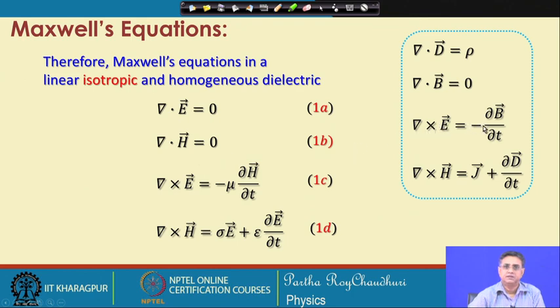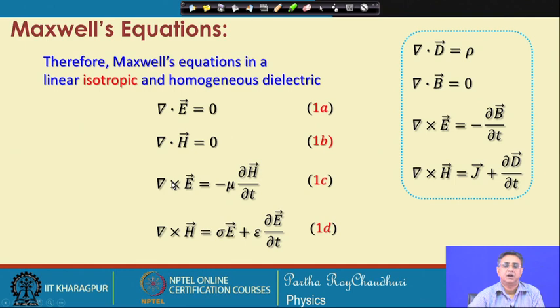Del cross E takes the form of minus mu times del H by del t, using the constitutive relations. For del cross H, the J is again replaced by the constitutive relation sigma times E. So, these are the set of 4 equations which now represent the isotropic, homogeneous and linear dielectric medium.